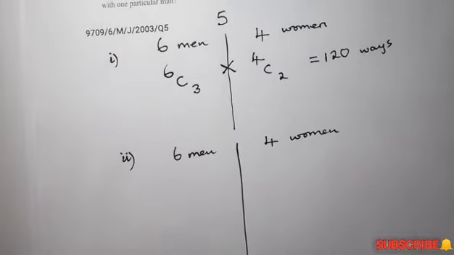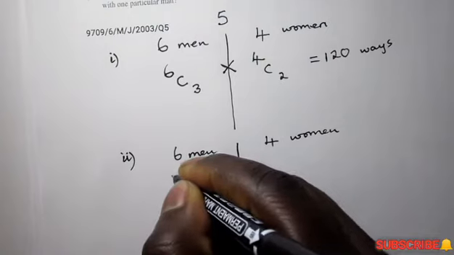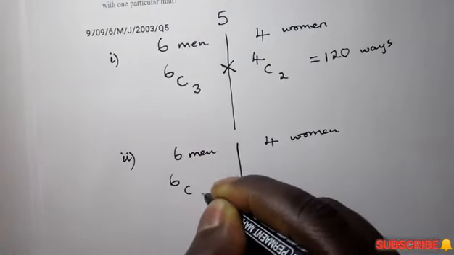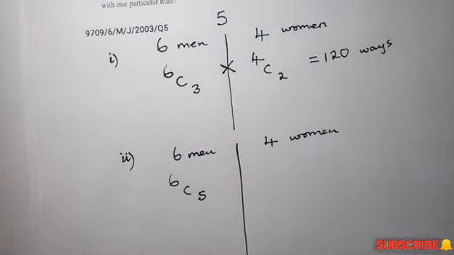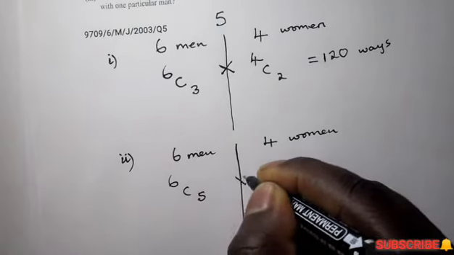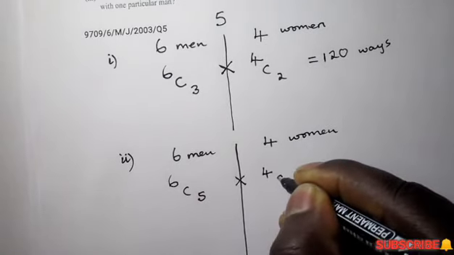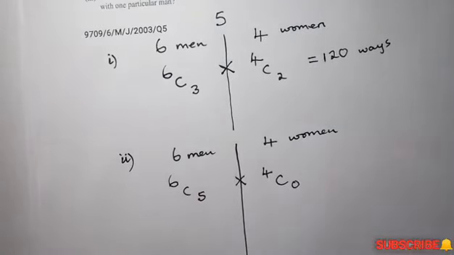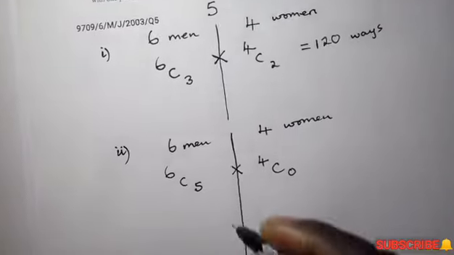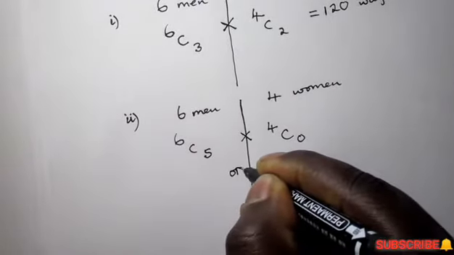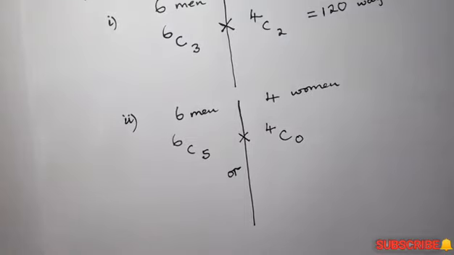For more men than women, the first case is 6 combination of 5. It means of the 5 members in the committee, all the members can be men. Then on the lady side, we choose 0. But you are not yet through. So I put an or, so that I find another combination whereby men are more than women.